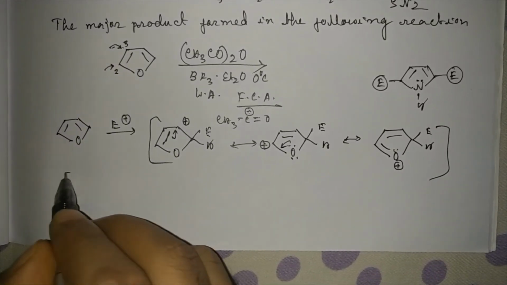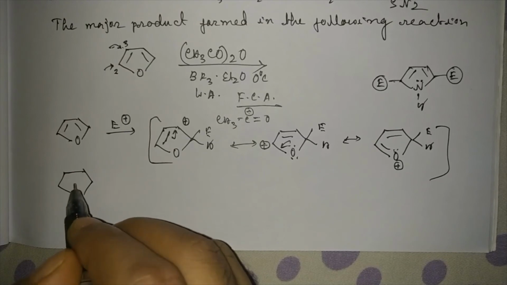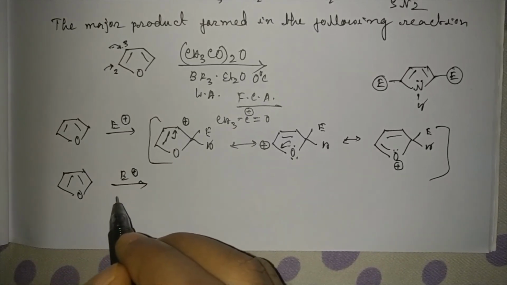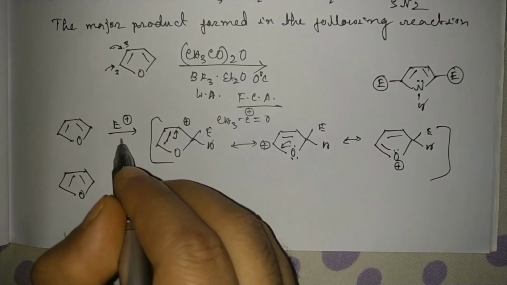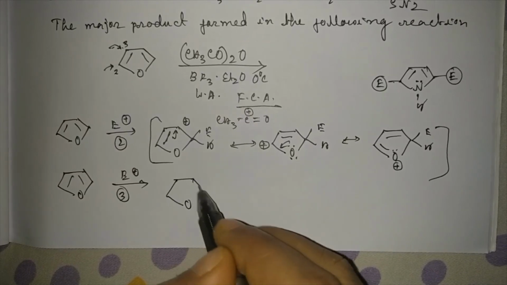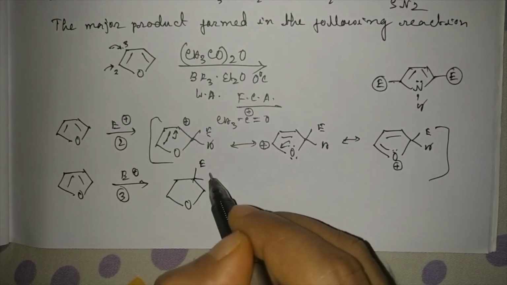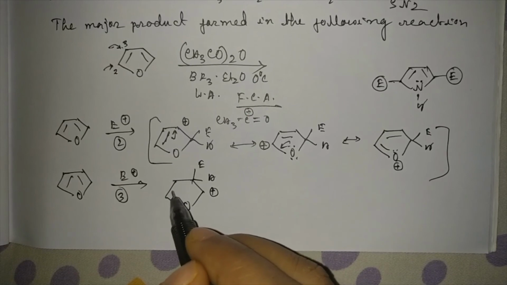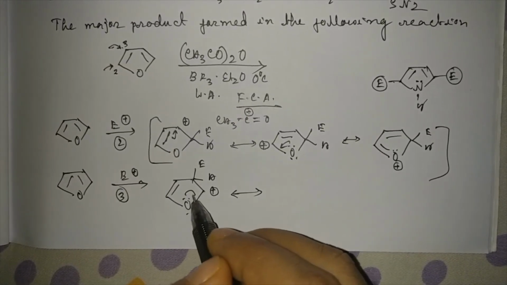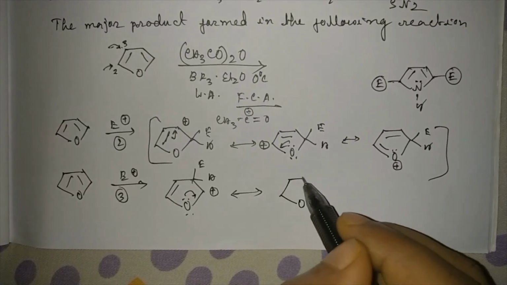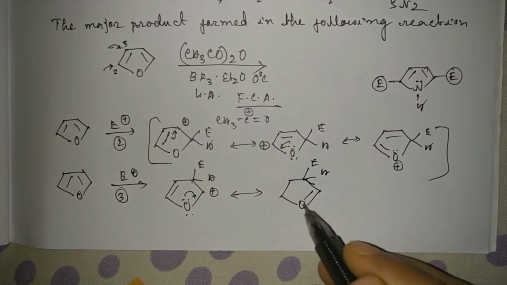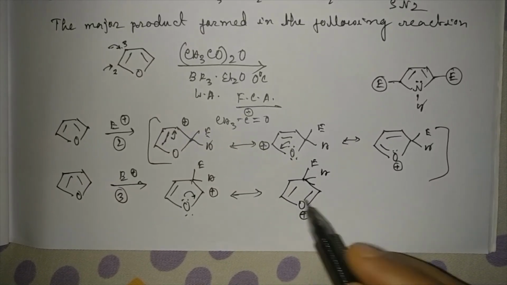Whereas if attack occurs at position 3, then the corresponding sigma complex will have E and H here, with the positive charge. Now this can be resonance stabilized with this oxygen, with a double bond here and the positive charge.